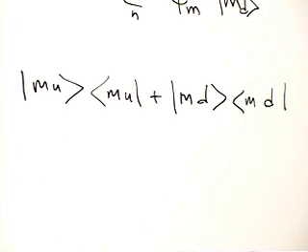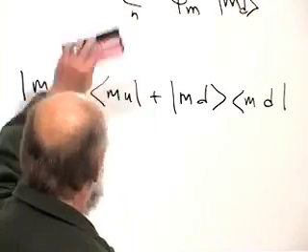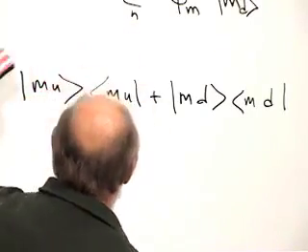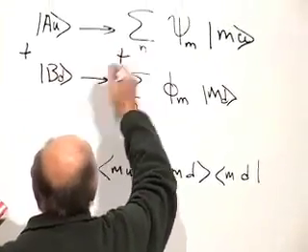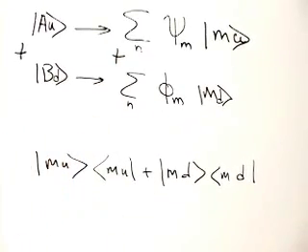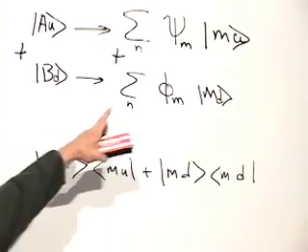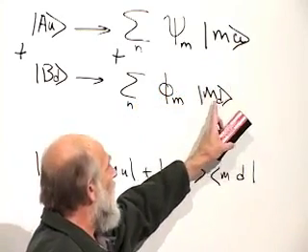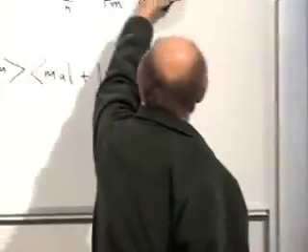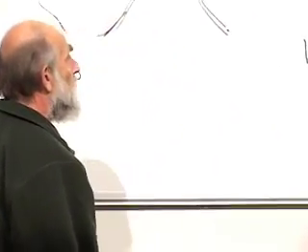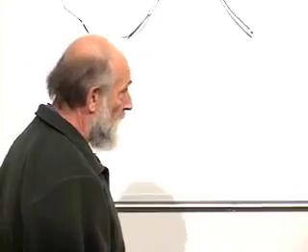So now we have to take the final state. What is the final state? The final state is the sum of these two. Now we cannot factor out M up and M down and write it in this form here, because each one multiplies a different ket vector. Psi m multiplies one ket vector, phi m multiplies another ket vector.